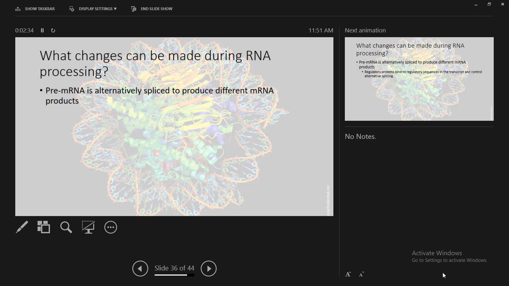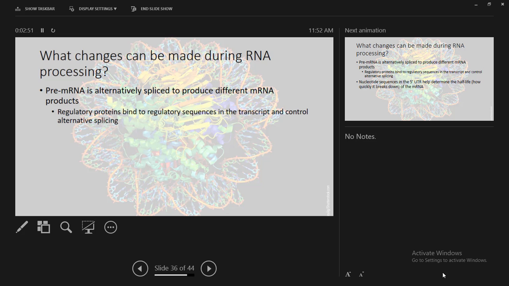On top of that, we already know this. Some of these we've talked about before. We can splice out different sections of the pre-mRNA to produce different mRNAs for translation. And we know that the site of the cutting and the site of the splicing is determined by regulatory proteins.